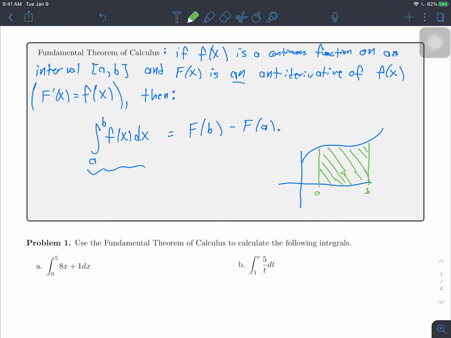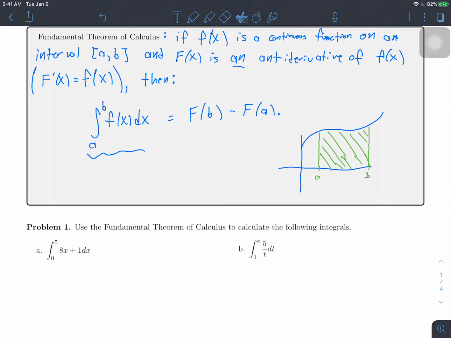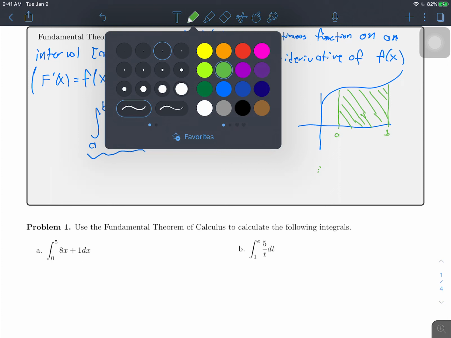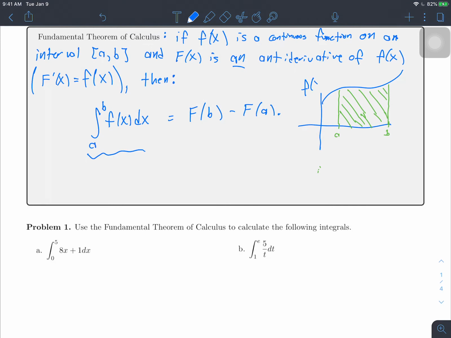Now what I'm saying is, if alongside this graph, so if this is the graph of f of x, you also had the graph of capital F of x, some antiderivative might look different. Actually, it's definitely going to look different.